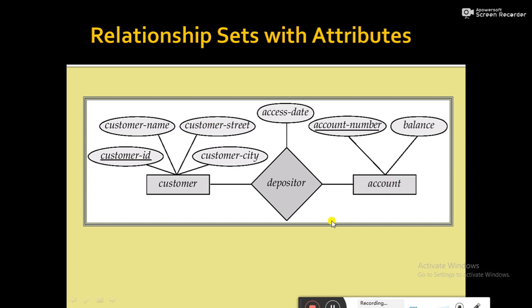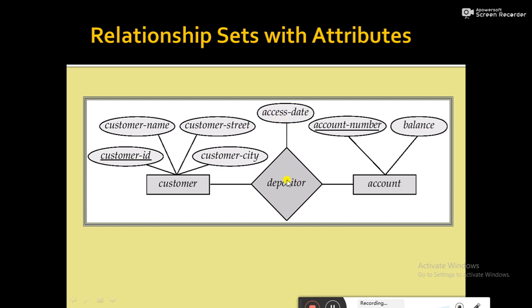Apart from entity sets, we can add attributes to the relationship set also. In that diagram, the entity set customer and the entity set account have a relationship named depositor, and we have added an attribute access date to the relationship set depositor. If you add an attribute to the relationship set, then that extra attribute is known as a descriptive attribute.